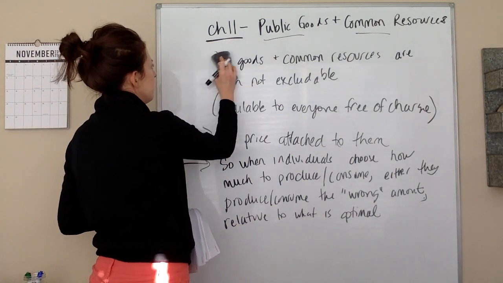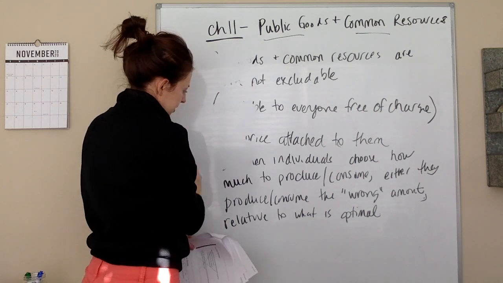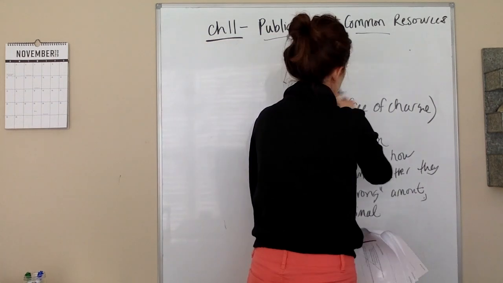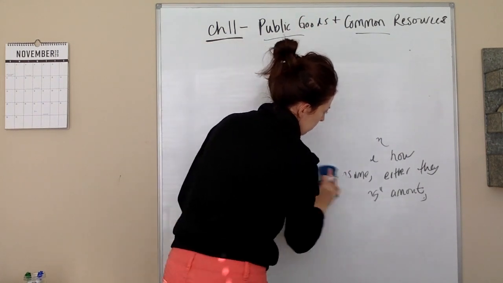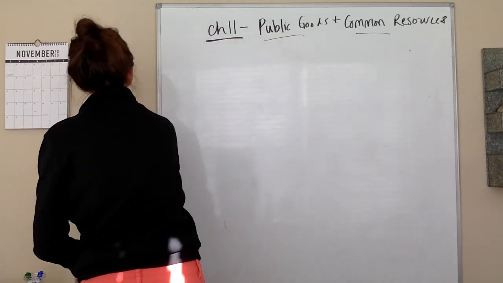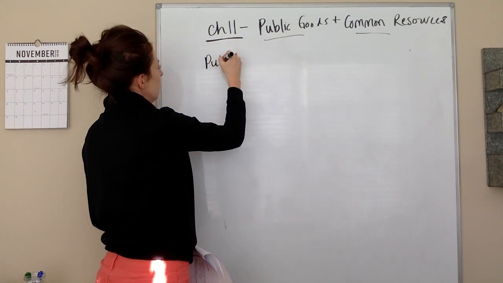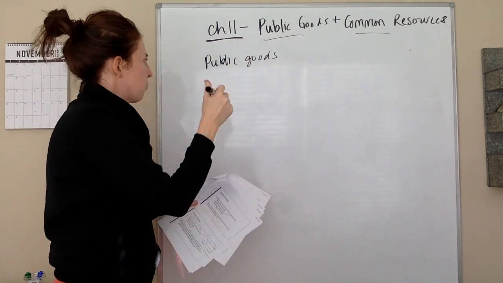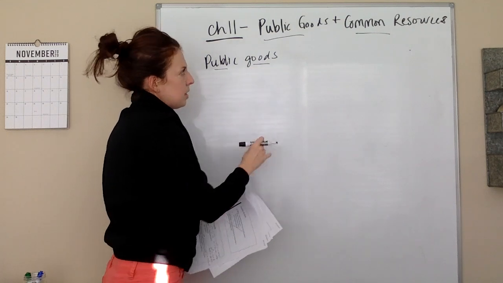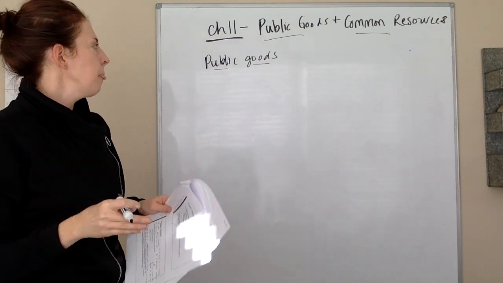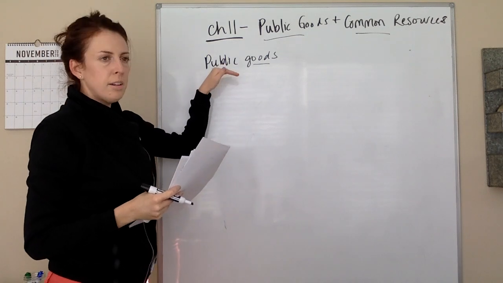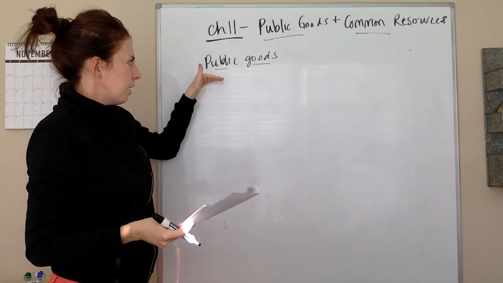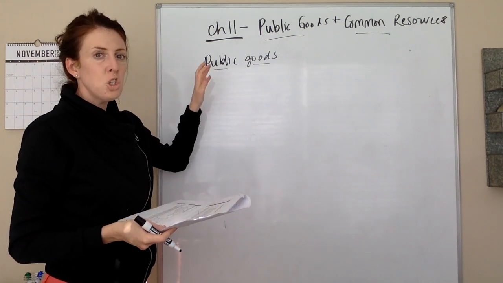In the case of public goods, these are maybe a little bit easier to think of. For public goods, what the tendency is going to be, and this isn't always the case, this is the general tendency, is that for goods that are categorized as public goods, people in the market who are providing the public good provide too little of it.